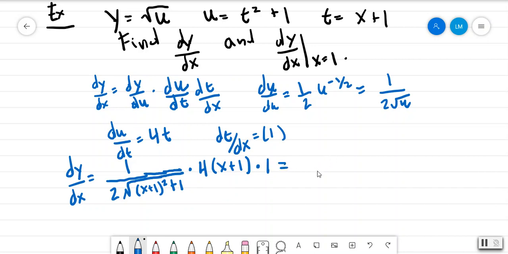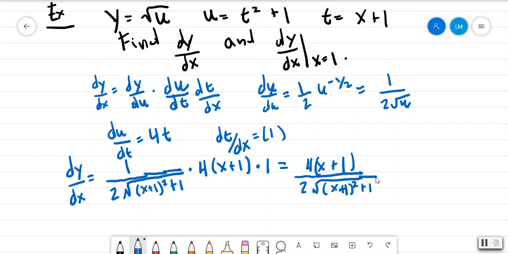So what this ends up being is 4(x plus 1) divided by 2 times the square root of (x plus 1) squared plus 1.